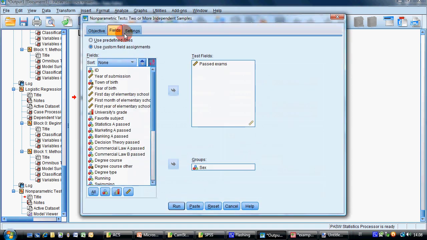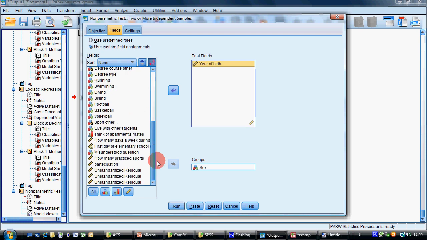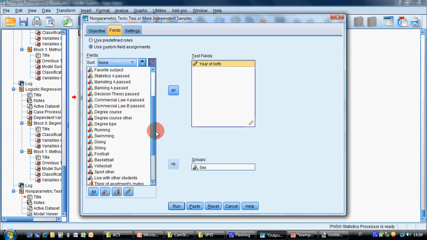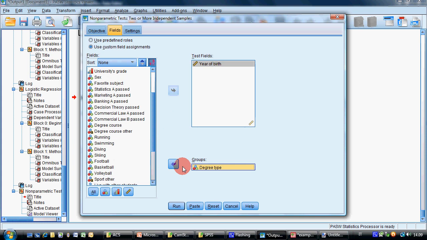Mann-Whitney, let's leave. Fields: year of birth between degree type. So degree type is master or bachelor. I imagine there should be a significant shift here because I assume that master students are born before bachelor students.